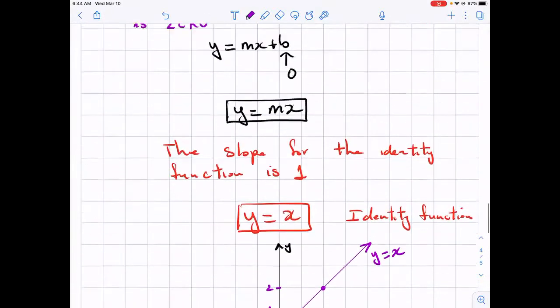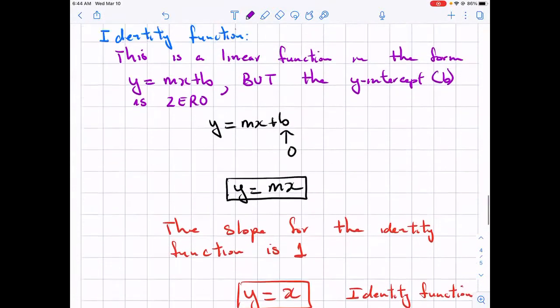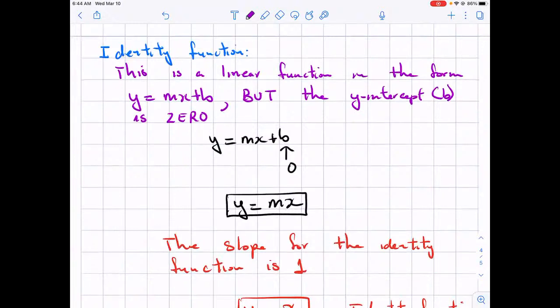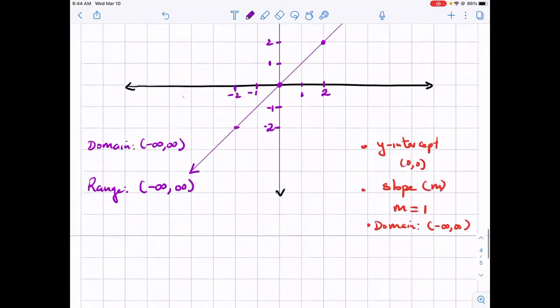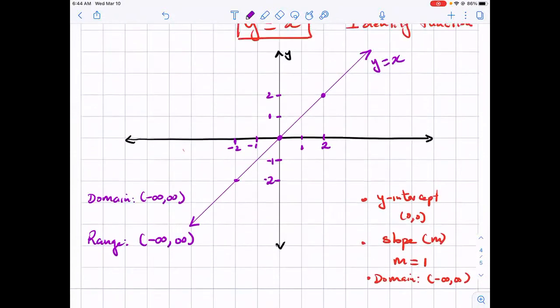Now, why is the identity function such an important function? Well, from the identity function, by what we call transformation, by moving this function, we can push it upward or pull it downward or move it to the left or move it to the right, and we are able to create an infinite amount of other functions.